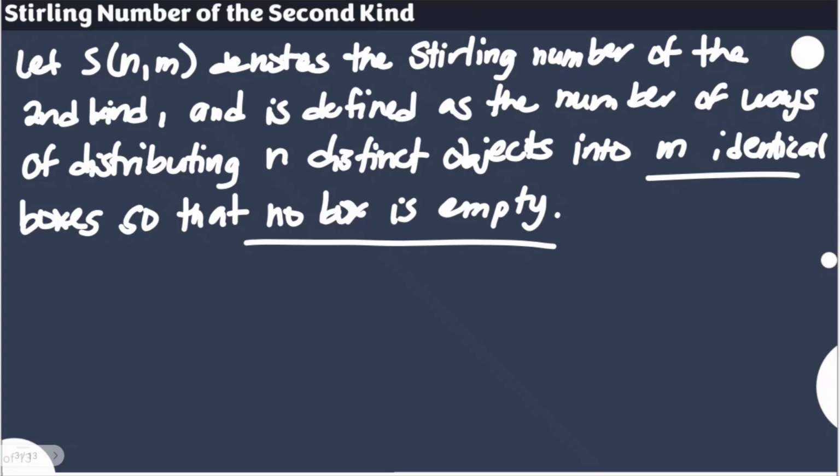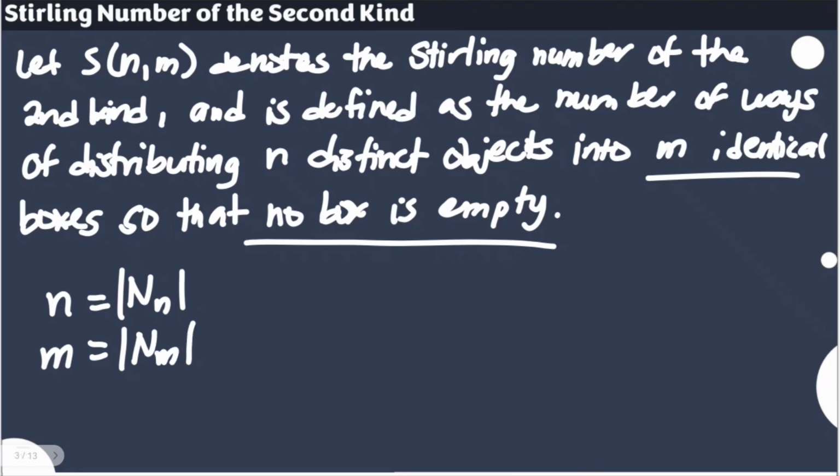Take note that n here is the cardinality of your first set, the number of objects, and m here is the cardinality of your second set, which would be the number of boxes. We're going to talk about some examples later on, and how to solve them using the formula we're going to present here, the formula for the Stirling number of the second kind.